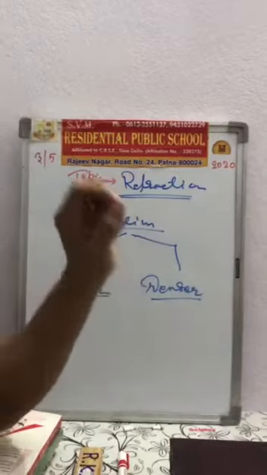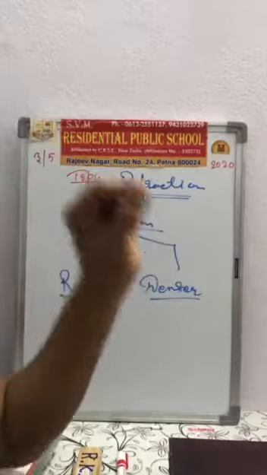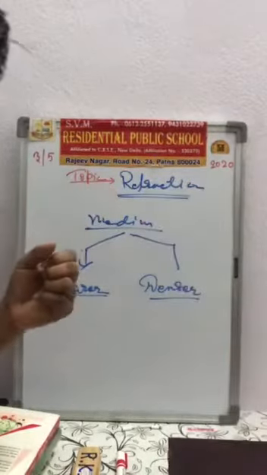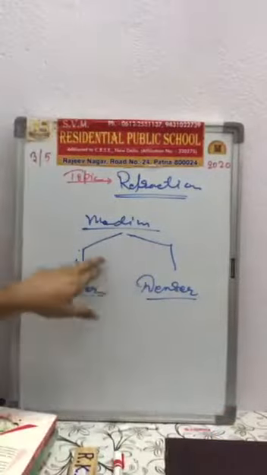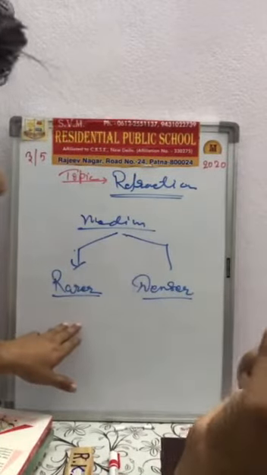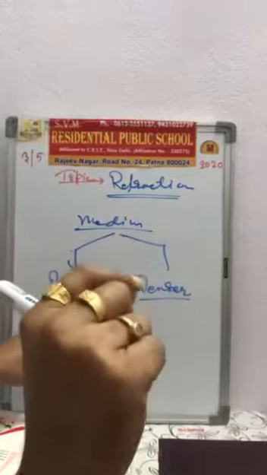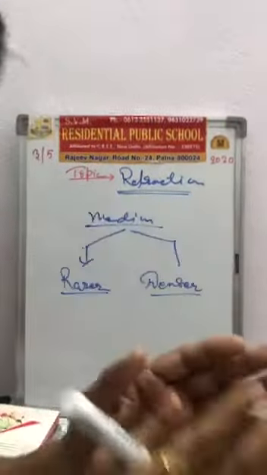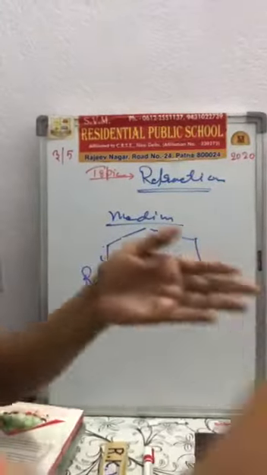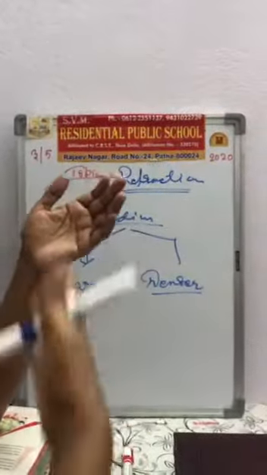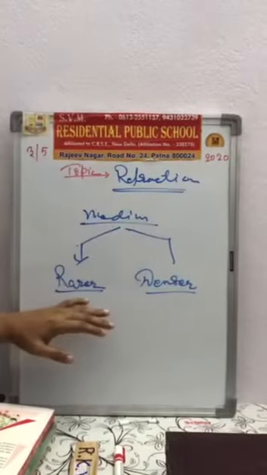The medium in which the intermolecular gap is maximum and the intermolecular force is weak is considered the rarer medium. But for light, the medium in which the speed of light, with respect to the other medium, is more is known as the rarer medium.